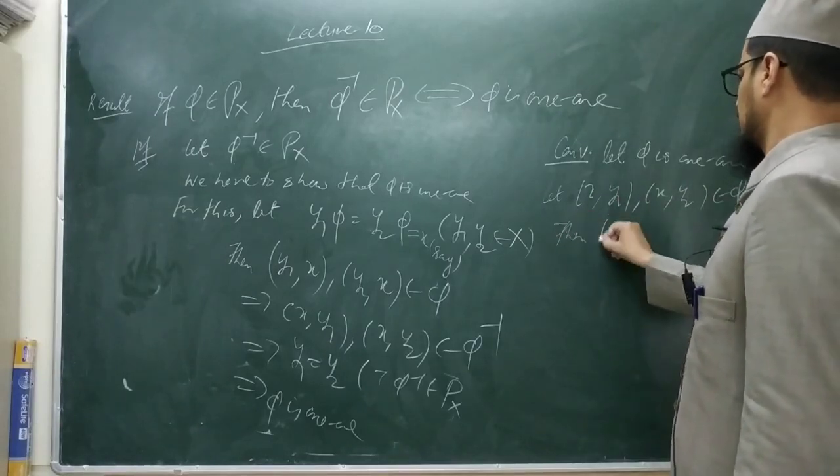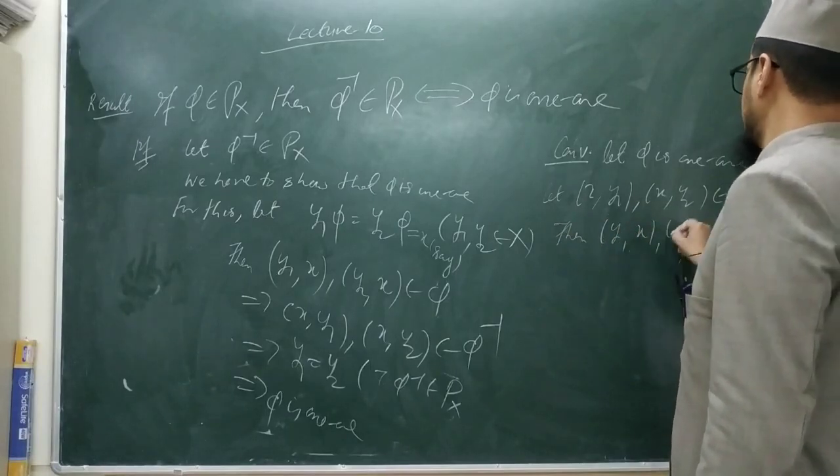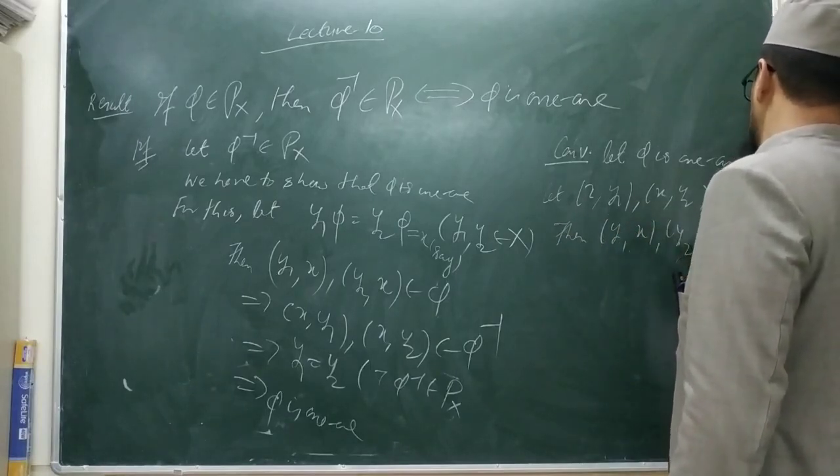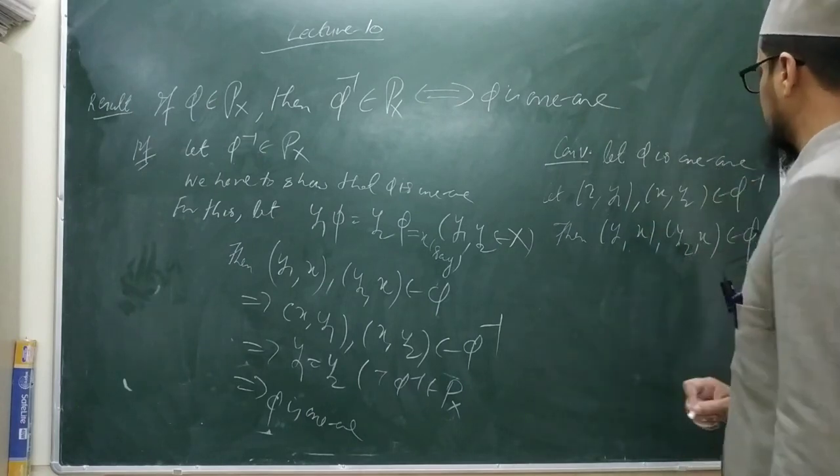Then y1, x and y2, x belong to phi, since it is the converse of phi.